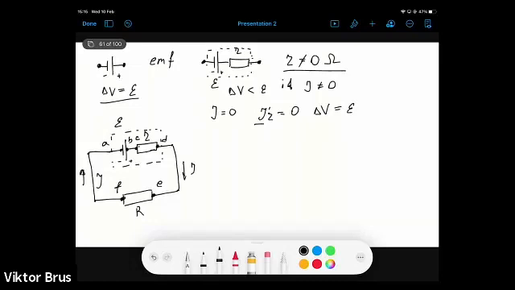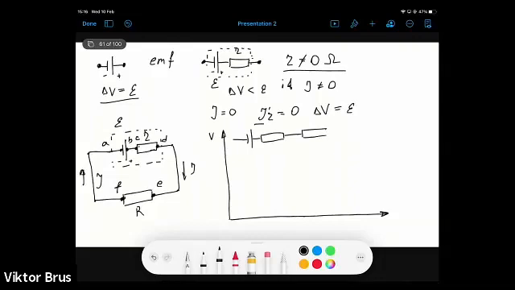Okay, now let us make one plot. So here we have our potential difference, and let us represent this electric circuit in one line. So it will be our battery, internal resistor, and our load resistor.